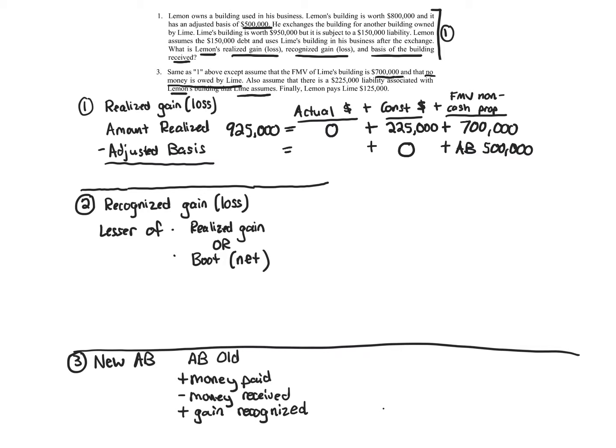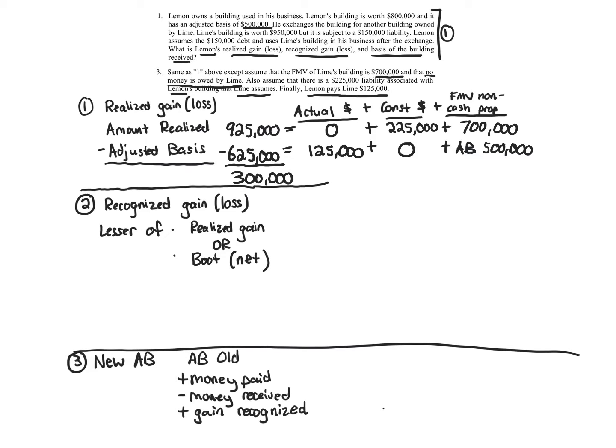We are told Lemon pays Lime $125,000 of cash, so actual cash paid by Lemon is $125,000. So the adjusted basis added up is $625,000. That gives us a realized gain of $300,000. So we've completed step 1, calculate the realized gain or loss.